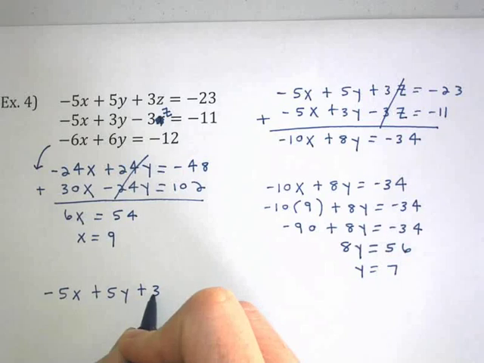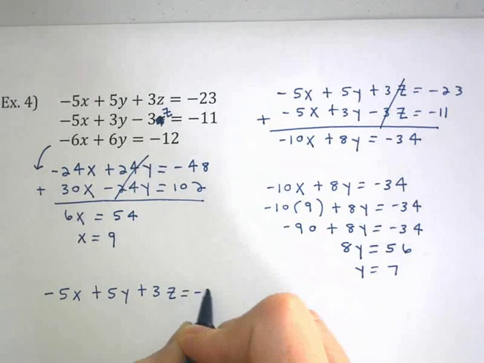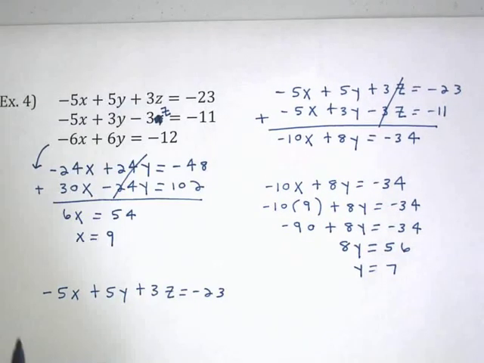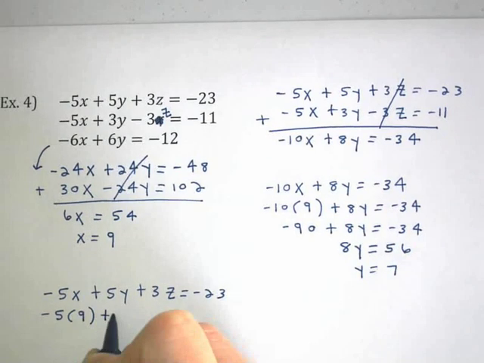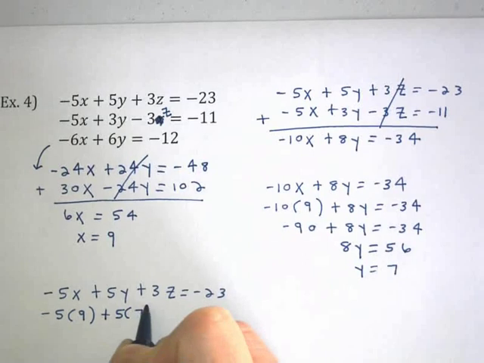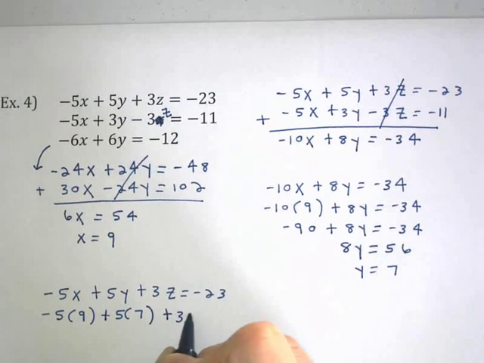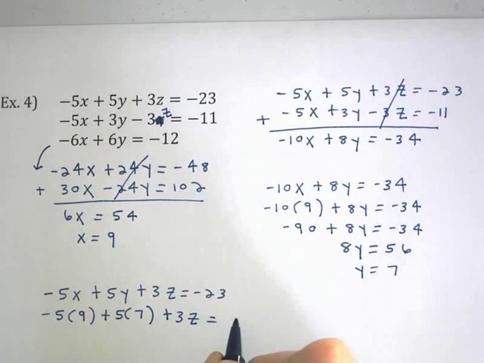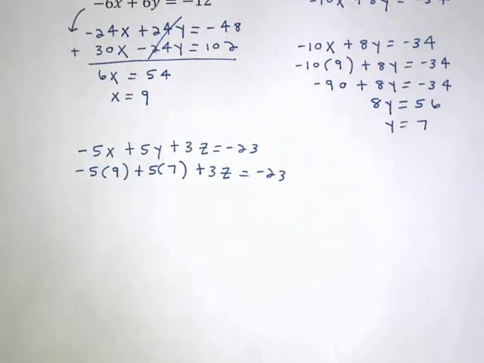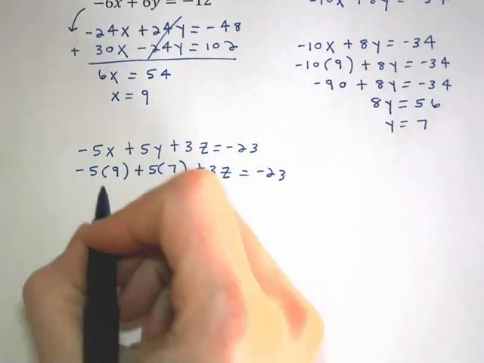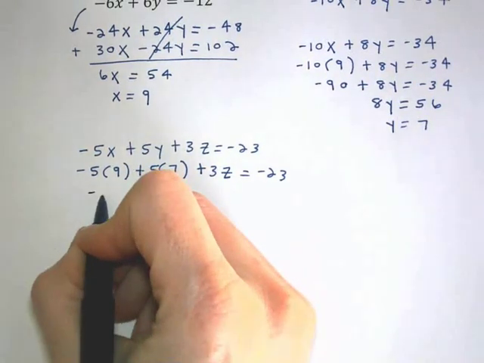So if I use the first one, I'll put in 9 for x, put in 7 for y, and I'm solving for z.